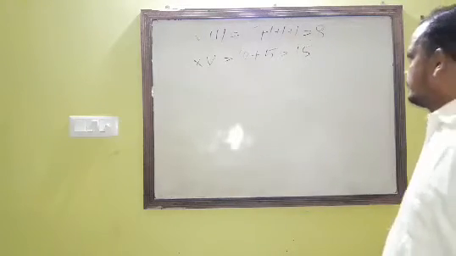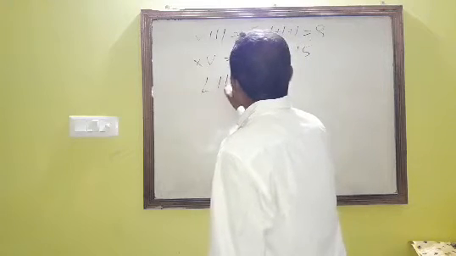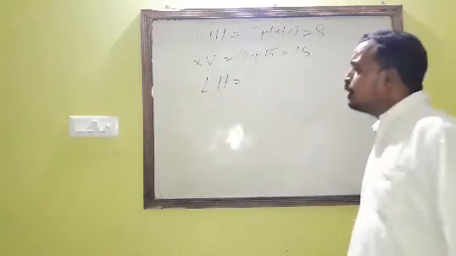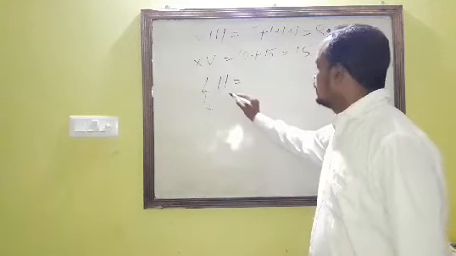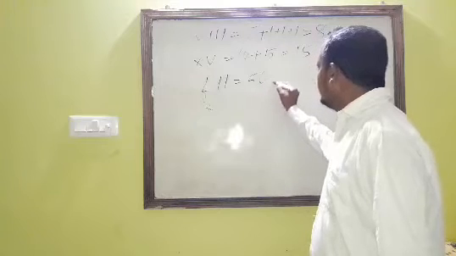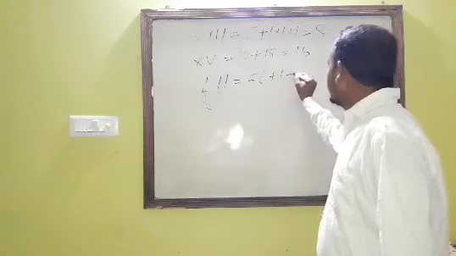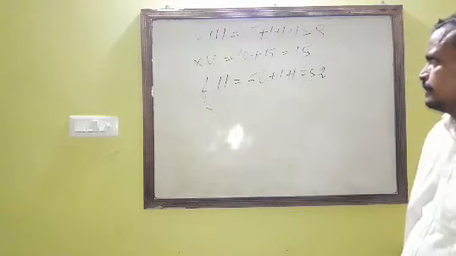Okay. Suppose you have written like this, LII. Got it? The value of L is 50. So the value will be 50 plus 1 plus 1 equal to 52. Okay.